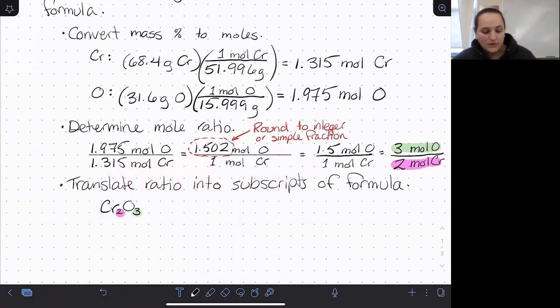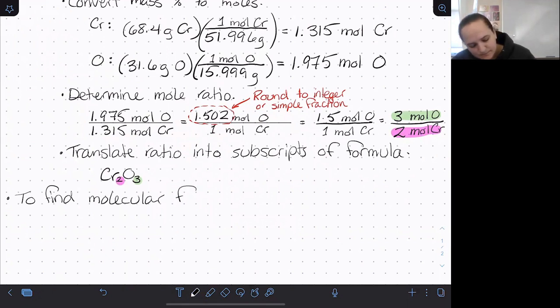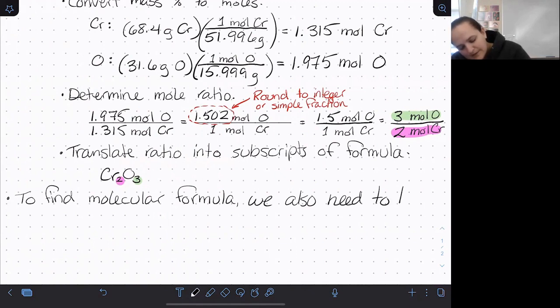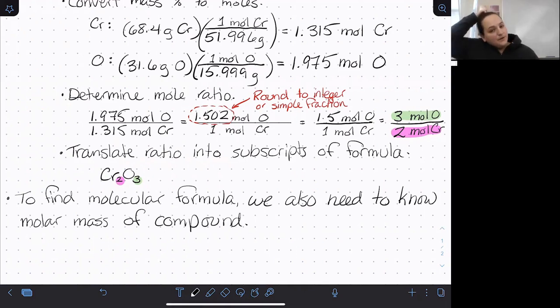Now, to find a molecular formula, we need one other piece of information. And that piece of information is the molar mass. So remember that the empirical formula gives us just the simplest whole number ratio of atoms of each element.